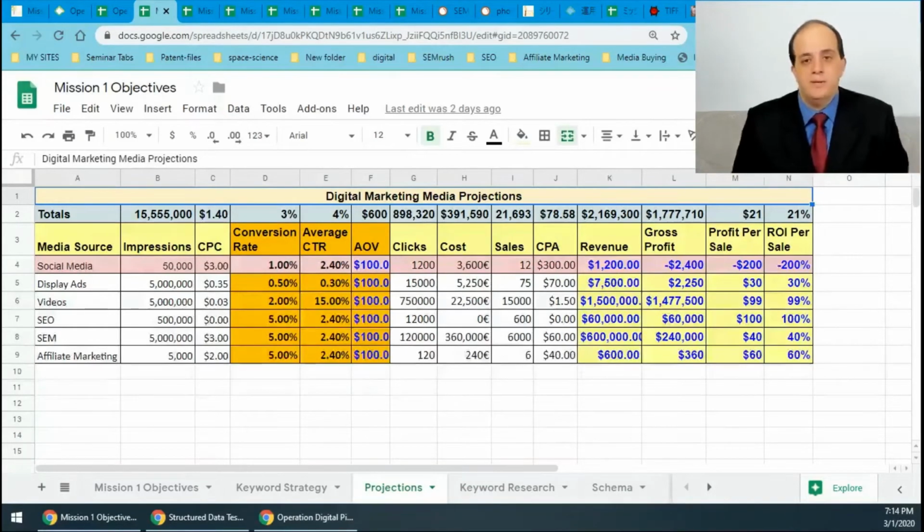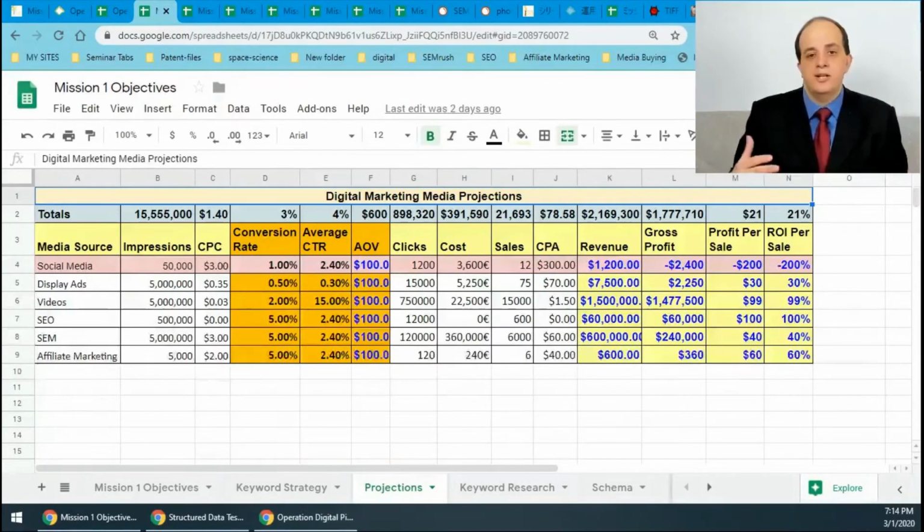You may or may not be interested in what I have to say, but at least you know. And then reactive marketing comes in with SEO, SEM, and affiliate marketing, where your conversion rate is going to be much, much higher because your consumers will be predetermined to purchase your product. So that's where conversion rates come in.